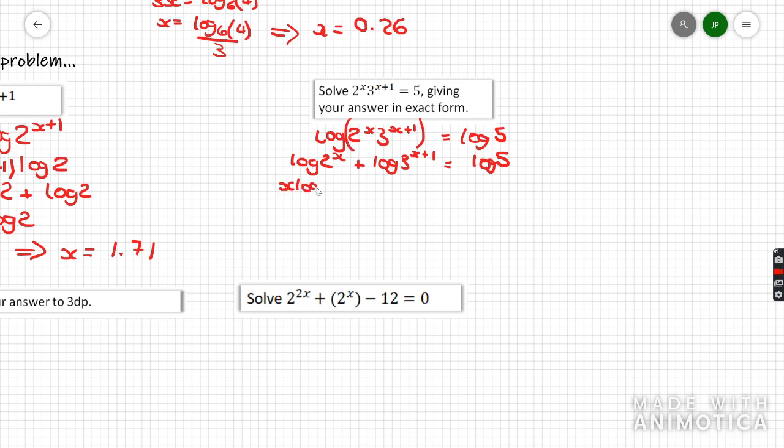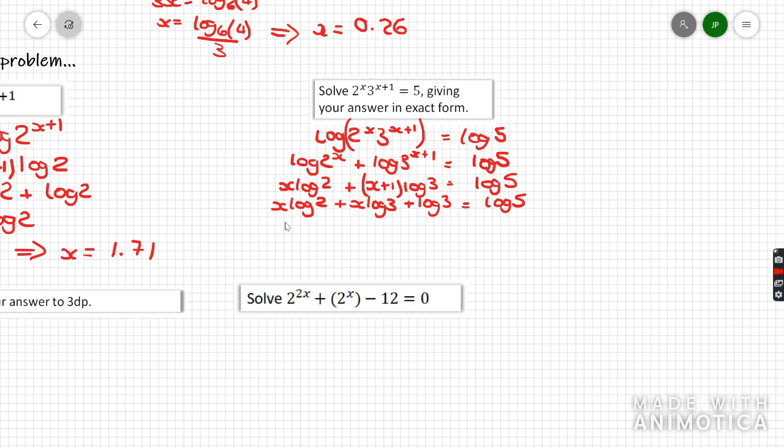Okay, now I can drop my power down the same as we did with the last one. So we'll have x log 2 plus x plus 1 log 3 equals log 5. Expand my bracket out. x log 2 plus x log 3 plus log 3 equals log 5. Then manoeuvre my log 3 to the other side and factorise out.